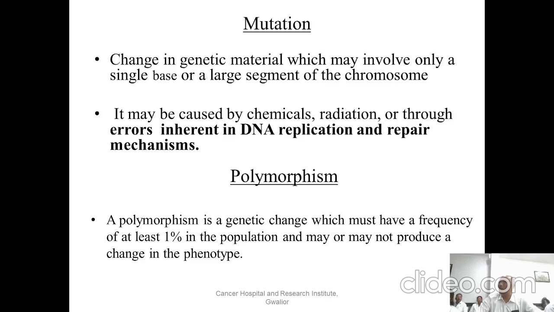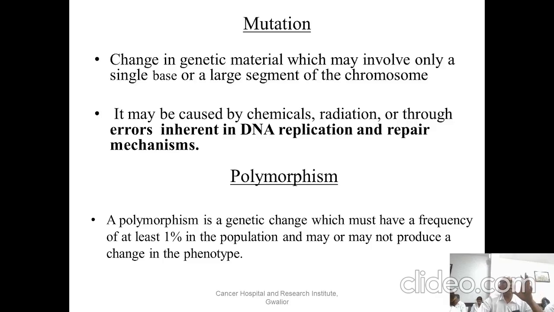Okay. So we have the mutations. Any change in the DNA is known as a mutation. Now there is a difference between polymorphism and mutation. A variant which is present in more than 1% of any given population is called a polymorphism, and less than 1% is called a mutation.